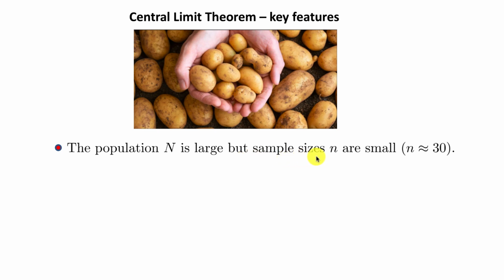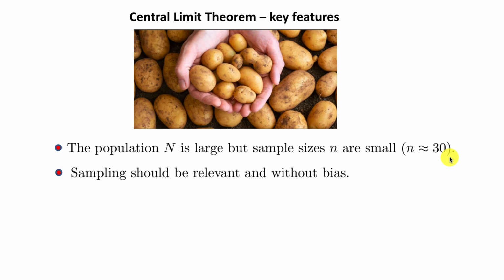Well, we're not going to take the whole population, we're going to take samples, and those samples are generally small. Now, how small is small? That is something that experience will tell you, but something like 30 is what is generally used by statisticians. However, the bigger you make this, the closer you will get to getting a Gaussian or a bell-shaped distribution.